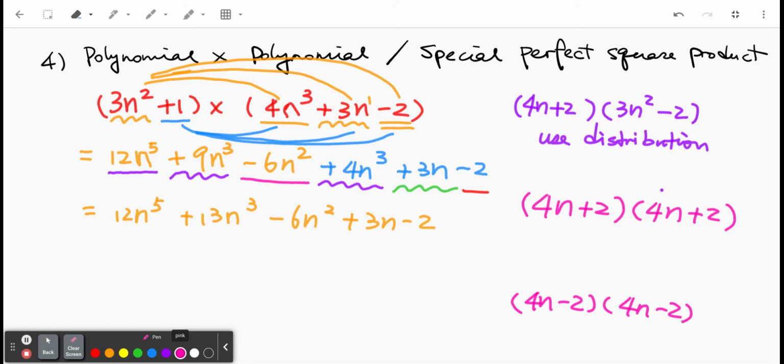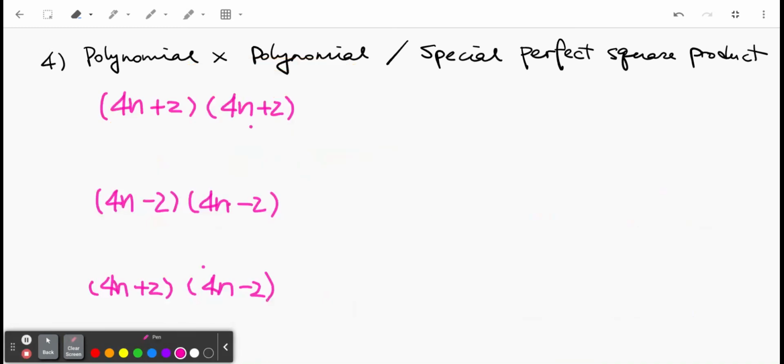Okay? Or you're going to see something like 4n plus 2 times 4n minus 2. So those are the special cases.